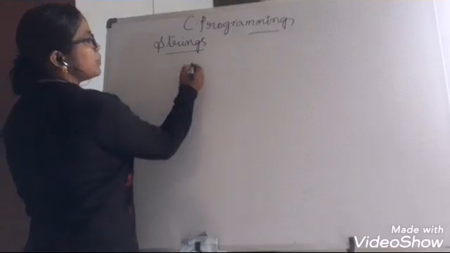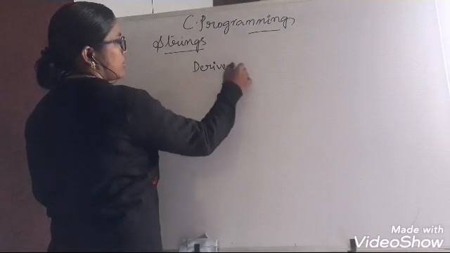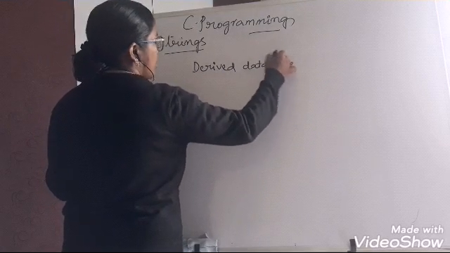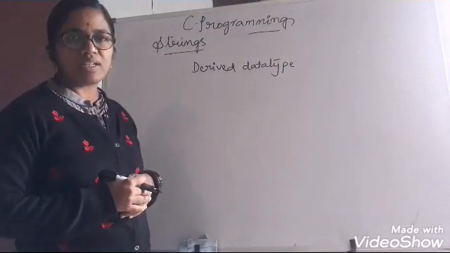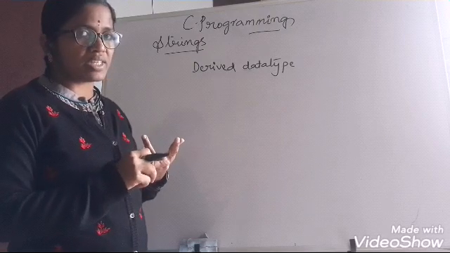So what is a string? So we don't know what is a string. So first, simply I would like to say a string is a derived data type. I'll just remind you that there are different kinds of data types available. That is primary data type, derived data type, user defined data type.